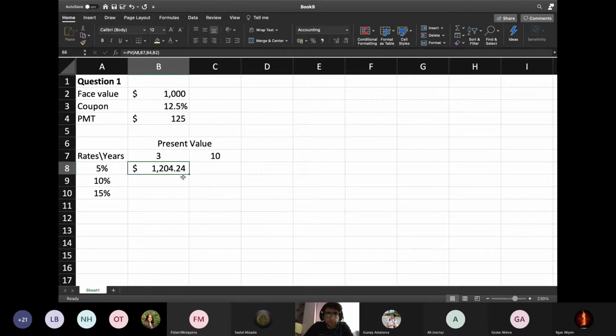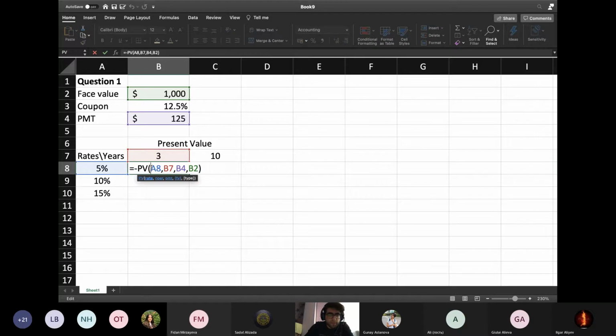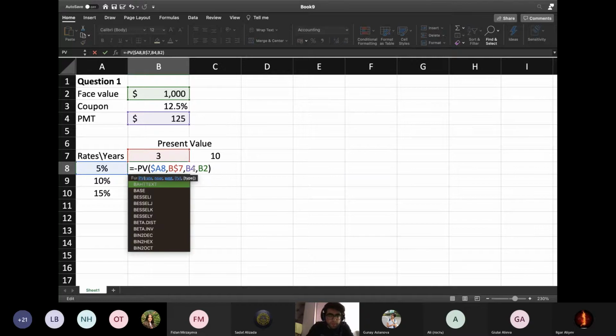Also, we can drag the formula to other cells. Therefore, I have to fix some cells here. For example, the rate. Let me fix this column. For years, this column. And they are absolute references.